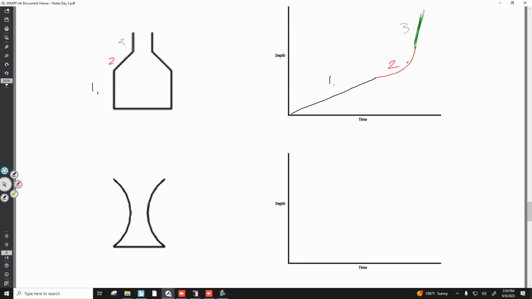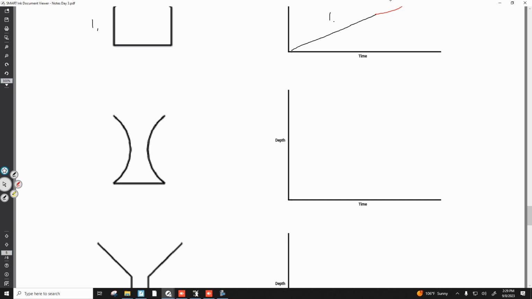All right, try this one. Slowly rising, faster rising, slower rising. It is not consistent. It's going to be curved.